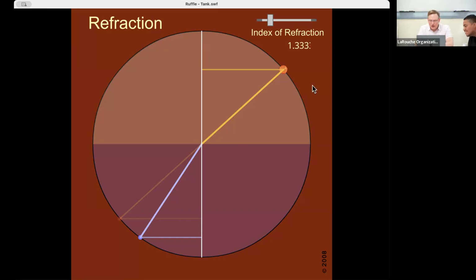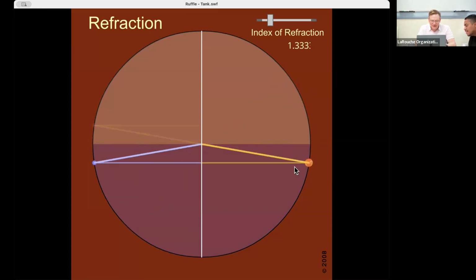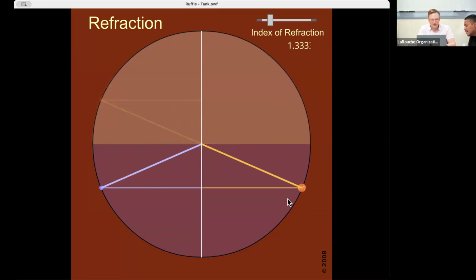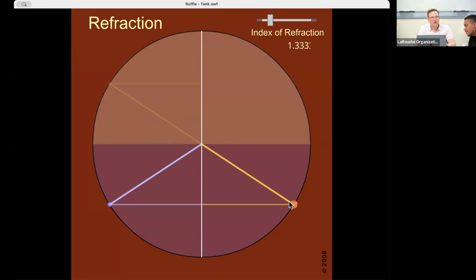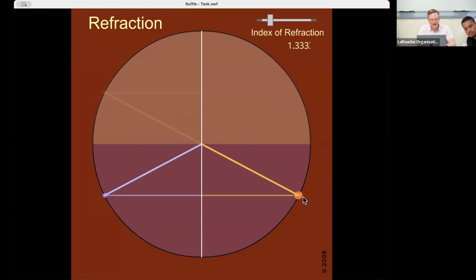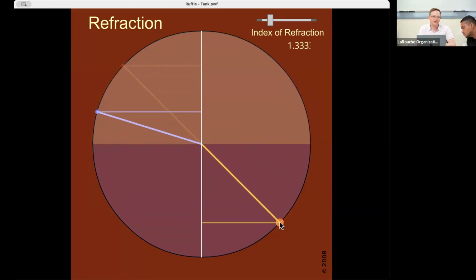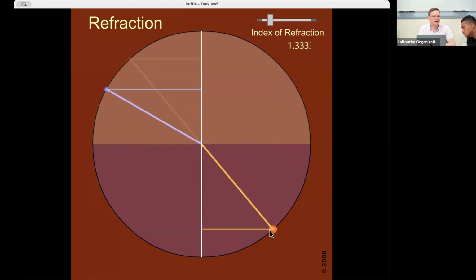All right. Also, let me see if this works. Oh no, it doesn't. Oh yeah, okay, here we go. If we put the light underneath, this is what we saw before. When the light is going through the water, or in our case the plastic lens, it totally reflects until you reach a certain angle, and then it starts to pass through.